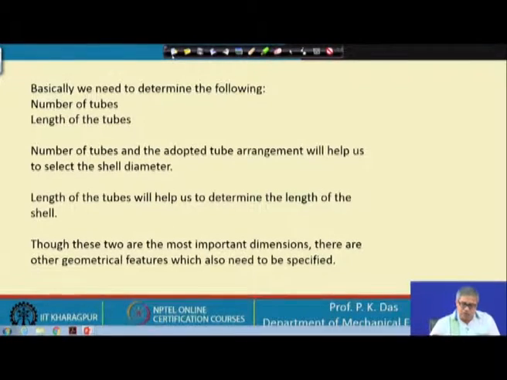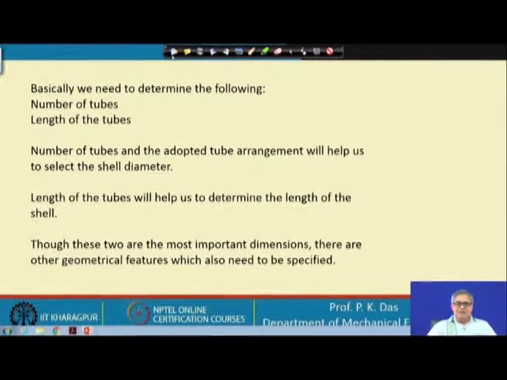Though these two are the most important dimensions, there are other geometrical features which also need to be specified. We will gradually see what other features we need to specify for a complete design of the heat exchanger. At this point, I would like to mention that obviously we are not doing mechanical design. In mechanical design of heat exchangers, there are many details like what the shell thickness should be, and whether the tube thickness is good from a mechanical design point of view or not.